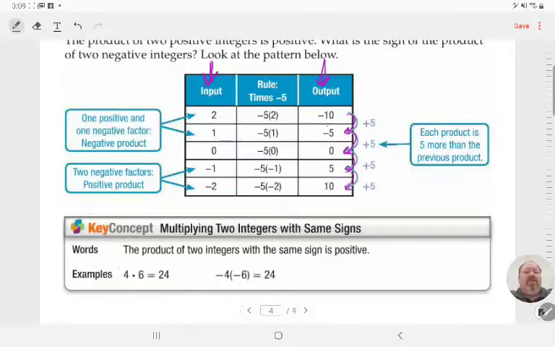So for example, if I have 4 times 6, both positive, I have a positive 24 as an answer. Likewise, when I multiply two negatives, negative 4 times negative 6, I still get a positive 24. So when we have the same signs multiplying together, the answer will be positive.